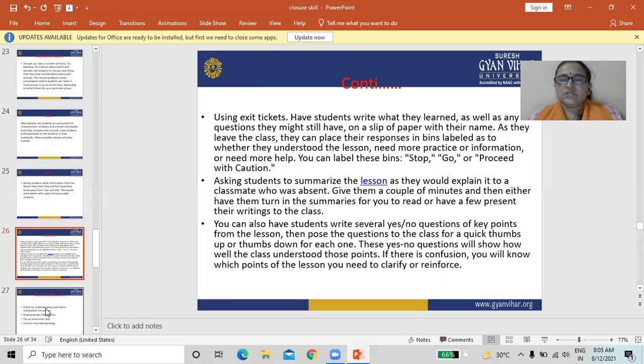These yes-no questions will show how well the class understood those points. If there is confusion, you will know which point of the lesson you need to clarify or reinforce.